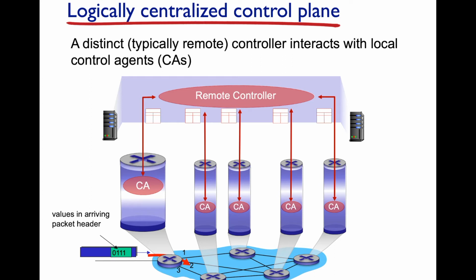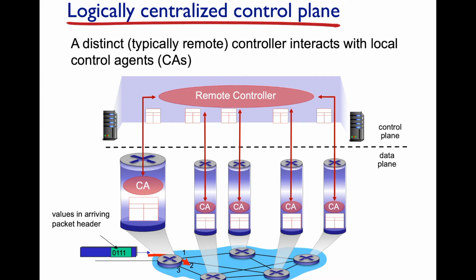So now programmatically, your program contacts the controller and can effectively cause it to set up the types of data flows that the application needs. It's a really, really neat change to how routing is done. Okay, and so these control agents can download new local forwarding tables from the remote controller.